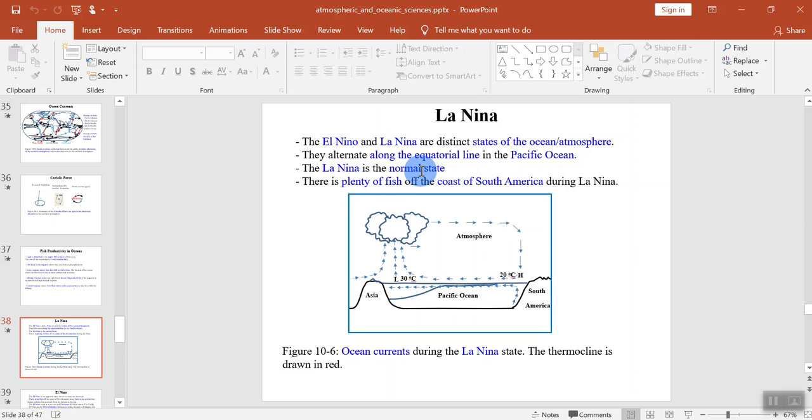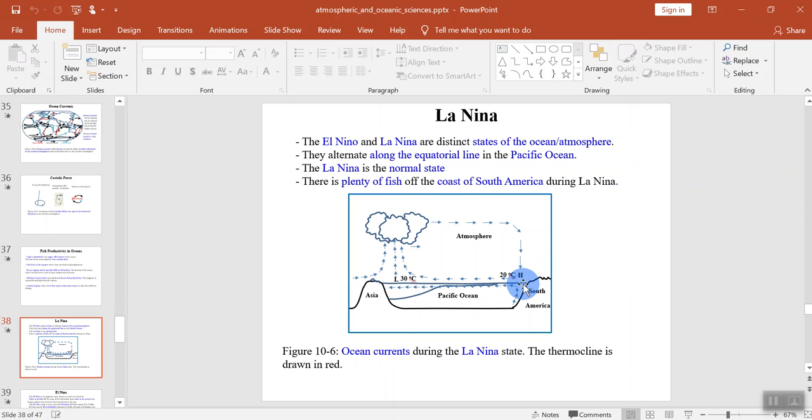So La Nina is a normal state. There's plenty of fish. Why? Because there's this current we were talking about, which brings nutrients from the bottom to the top. So this is an H state, high pressure, nice weather, no clouds.